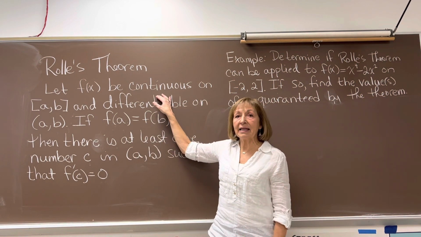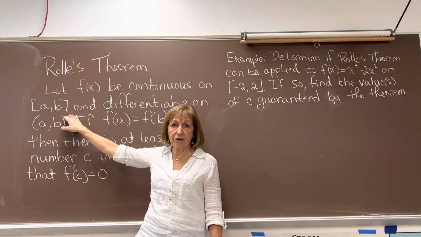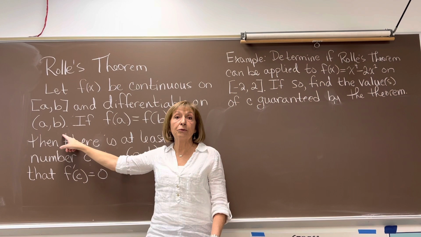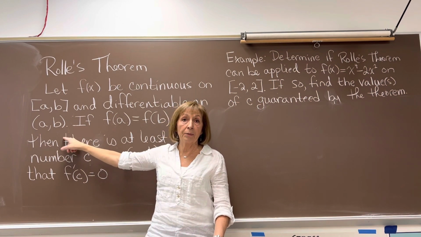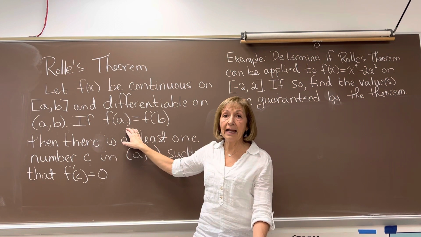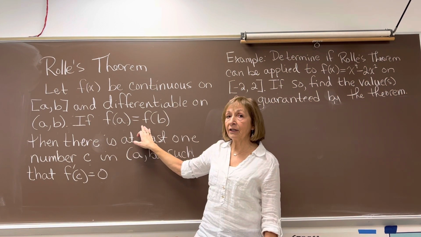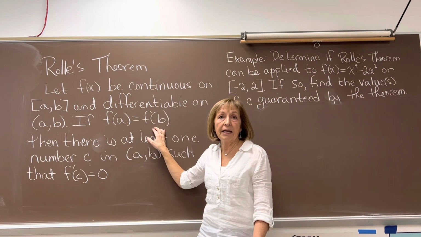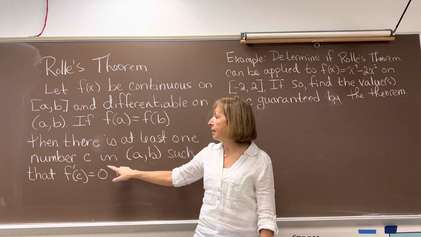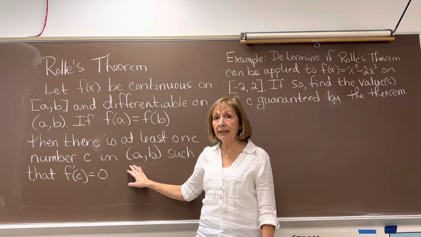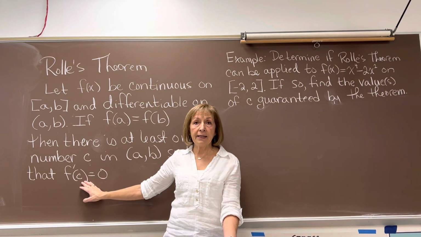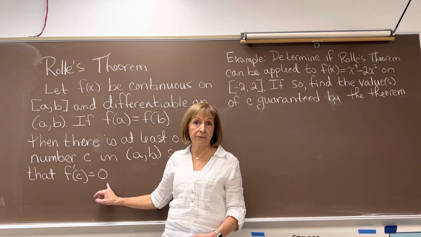Let f of x be a continuous function on a closed interval, and let it be differentiable on the open interval. So the derivative has to be defined also on the open interval. If f of a, the output at your left endpoint a, is exactly the same value as f of b, the output at your right endpoint b, then there is at least one number c in the open interval between a and b, such that f prime of c, your derivative evaluated at that c, would come out to be 0.